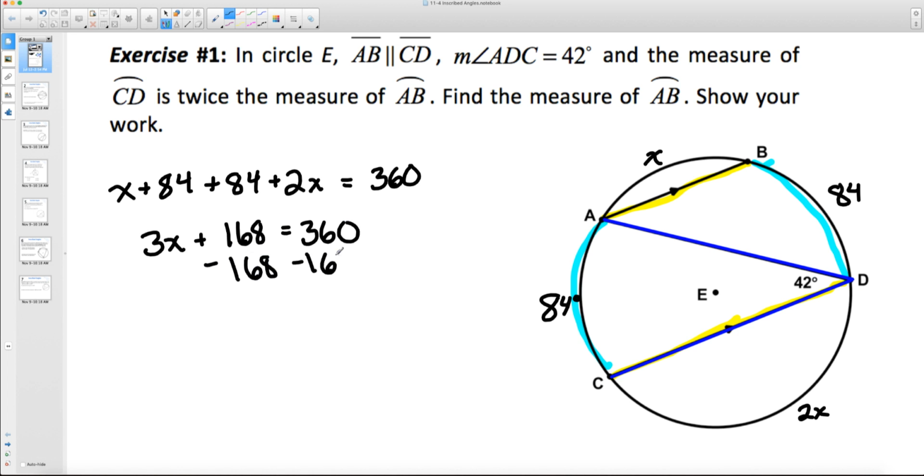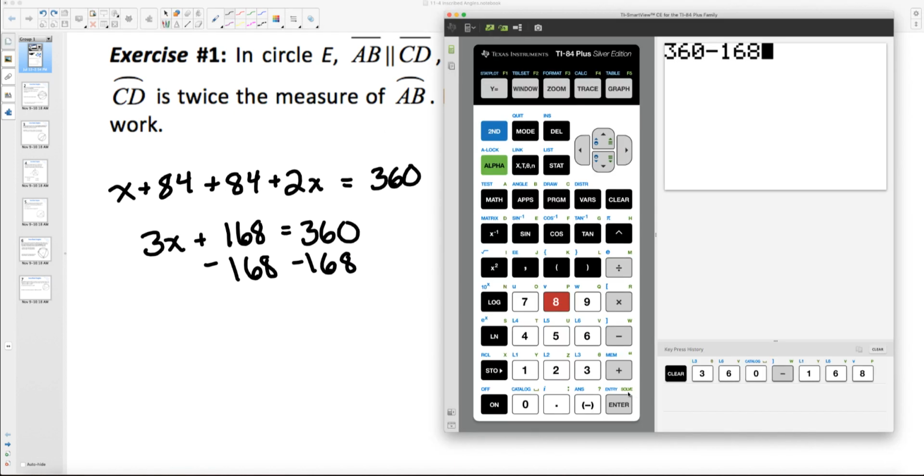Subtract 168 from both sides. 360 minus 168 is 192, and then we'll divide that by 3 to get 64.